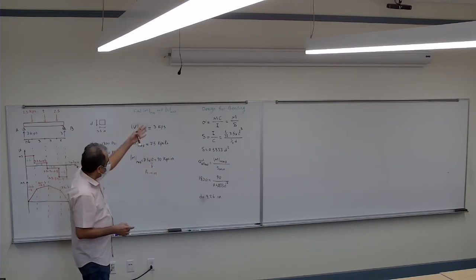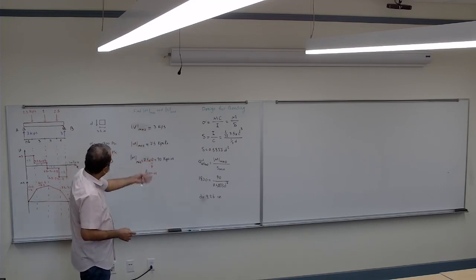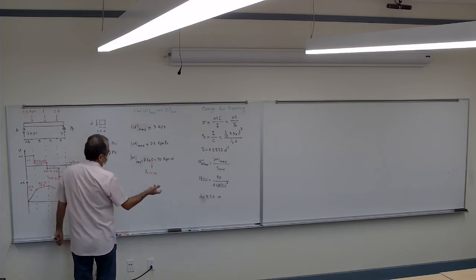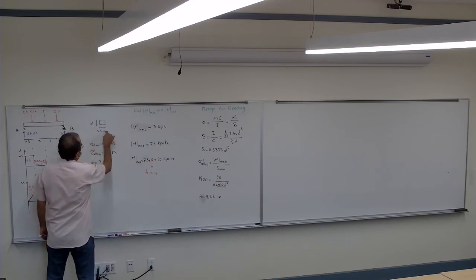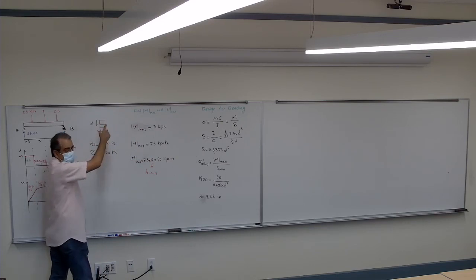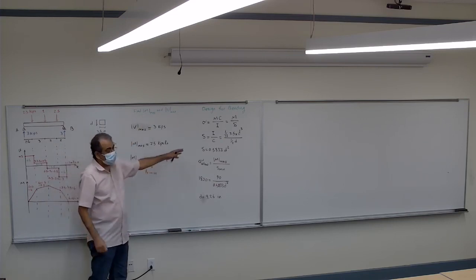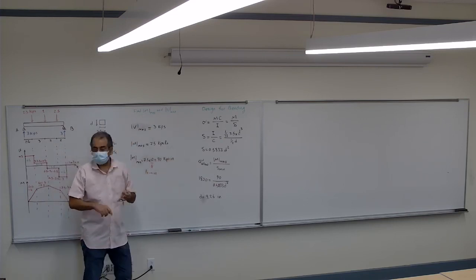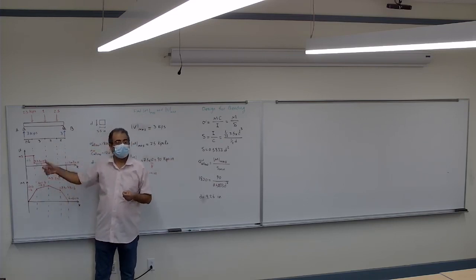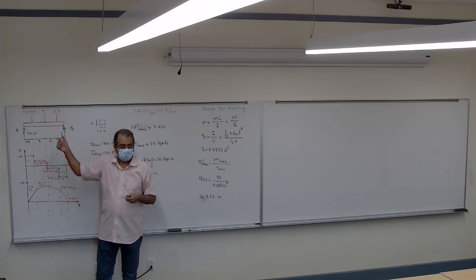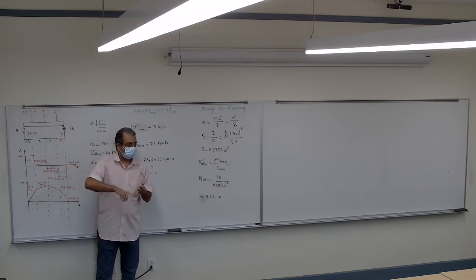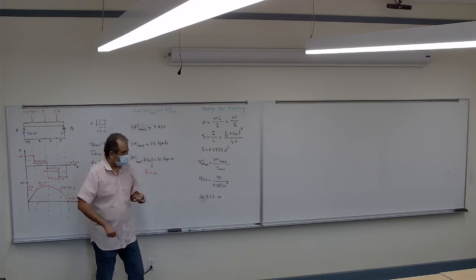Okay, so if I want to design it for bending and make sure that it's standing, I'm going to say the width is 3.5 and the height is probably going to be 9.3, or something like that. Now that I've designed it for the bending, I have to go ahead and check it for the shear, or whatever other things I have. As I said, if I have torsion, I have to check it for torsion. If I have the axial load, I have to check it for axial load as well.